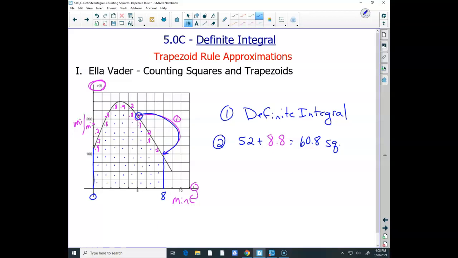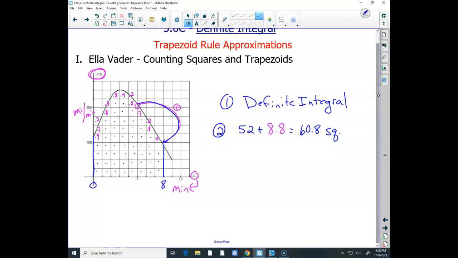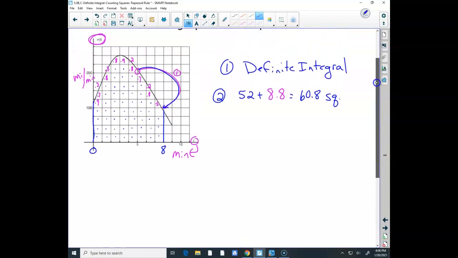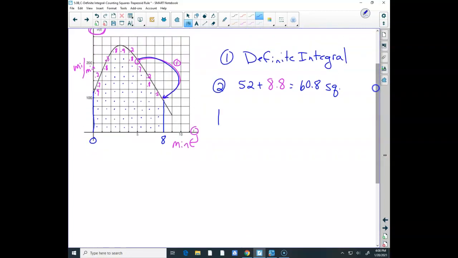Well, before I can estimate the distance Ella went, I need to know what each square represents. If I have a square in this diagram, each square is 1 minute by 25 miles per minute, which means each square will represent 25 miles.